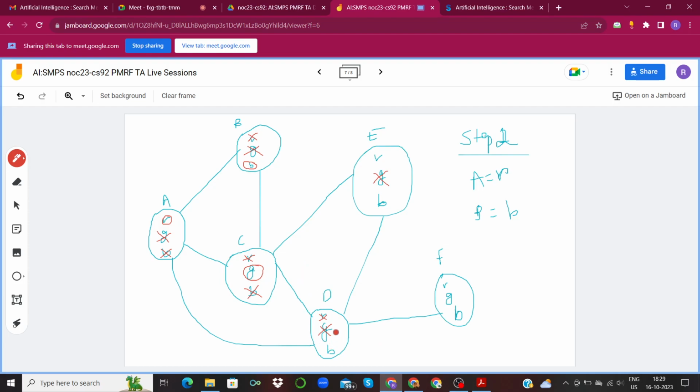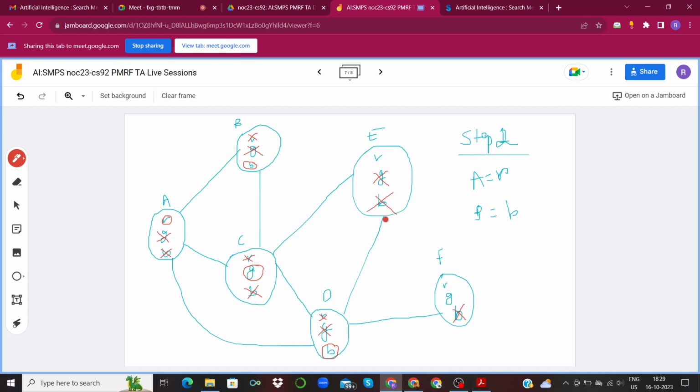Next we'll assign a color to this region D, right? Because we were given a particular order in which we have to assign colors, and these were the alphabetical order A, B, C, D, E, and F. So again D has only one option, which is blue, so it will go with blue, and because it has been assigned blue, we will cut off blue from E and blue from F, right?